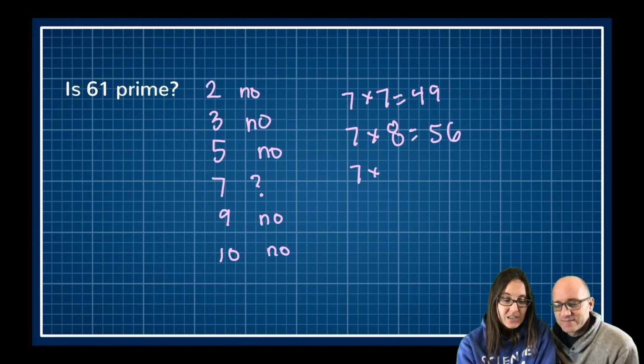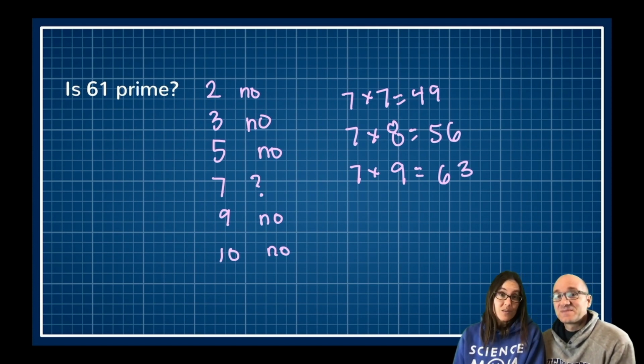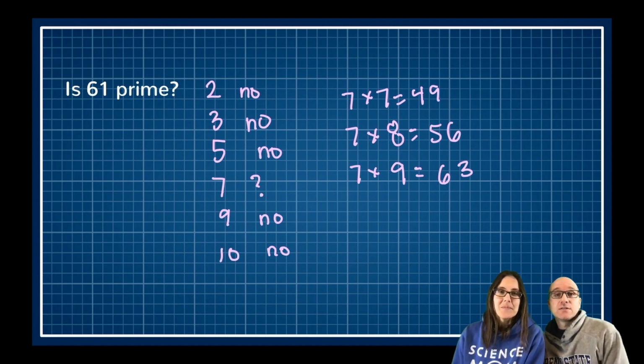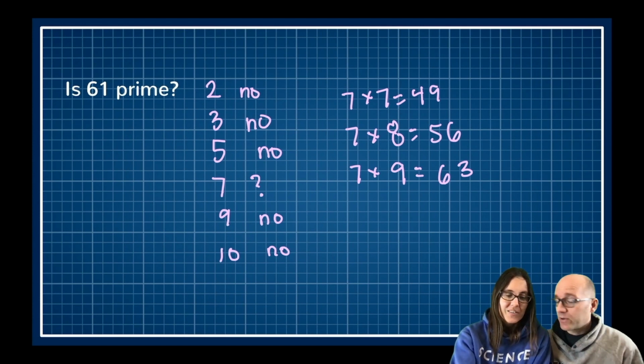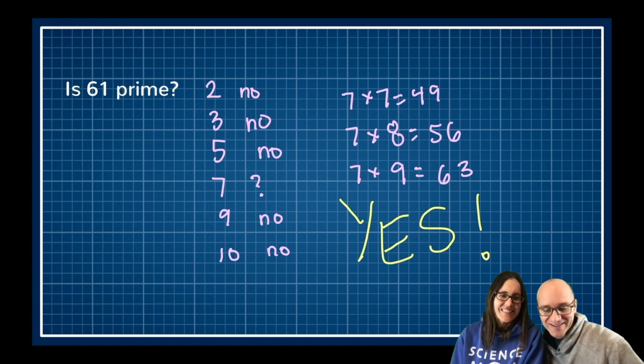Aha. And 7 times 9 is 63. And since 7 times 9 is 63, I know that 61 is not a multiple of 7. That's right. We skipped right over 61 when counting by 7s. So the final answer is 61 prime? Yes, it is. That's right. 61 is a prime number.